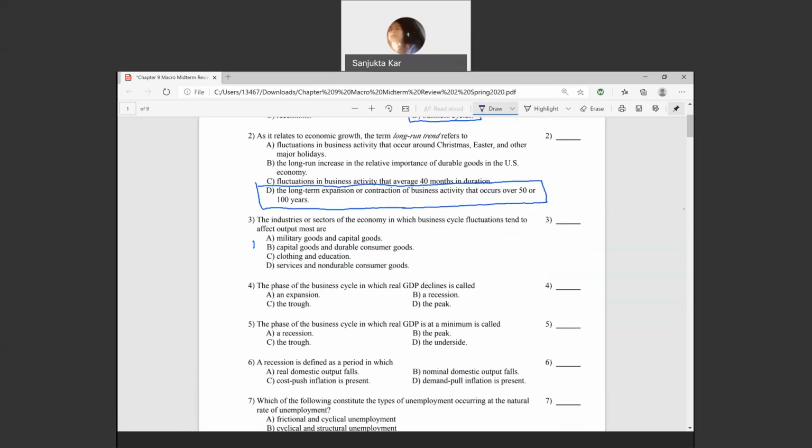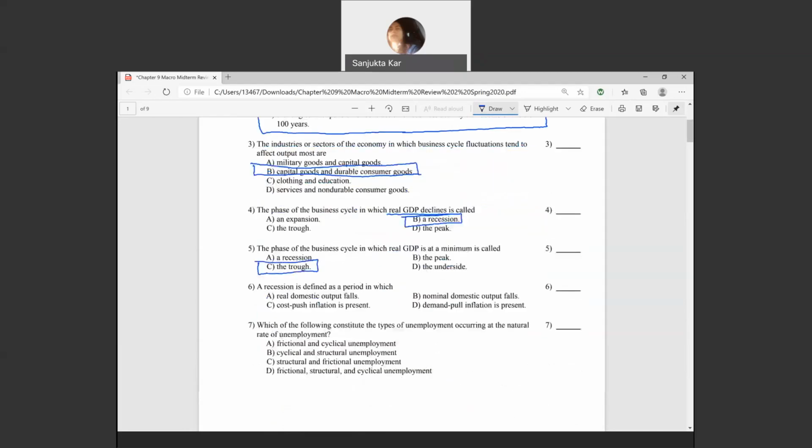This will be capital goods and durable consumer goods because you want to put off purchases of new capital and consumer goods during a recession phase of business cycles in which real GDP declines. This is called a recession phase where real GDP is at its lowest. This is a trough.